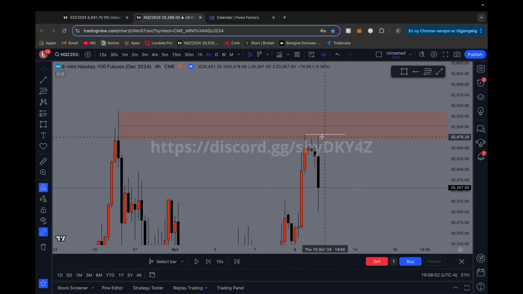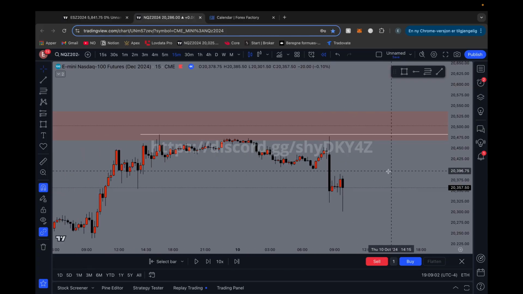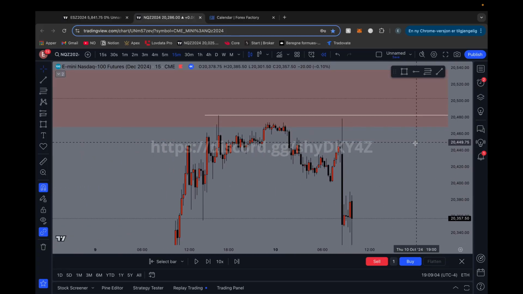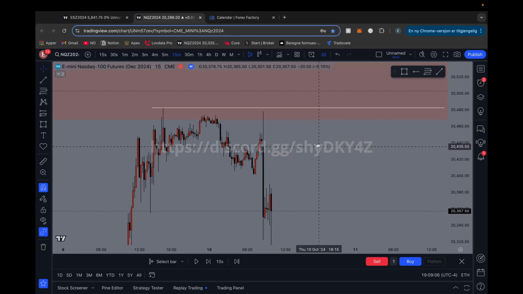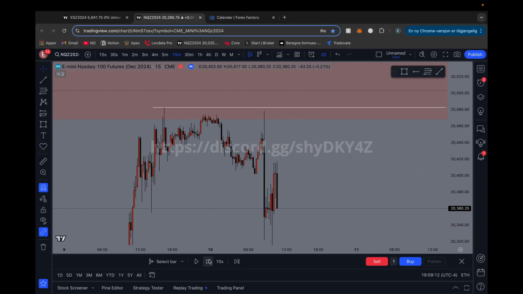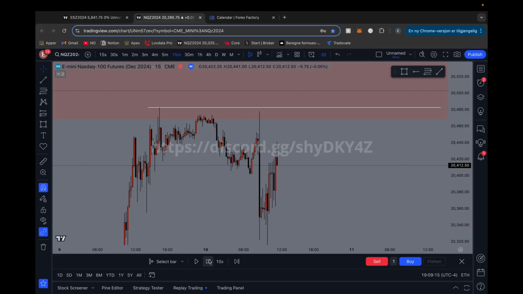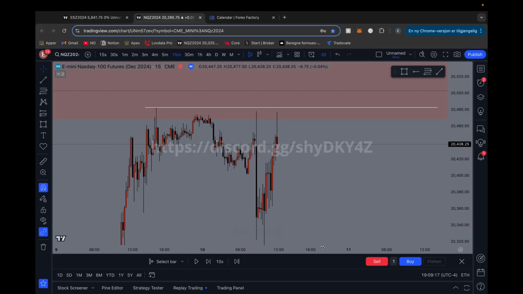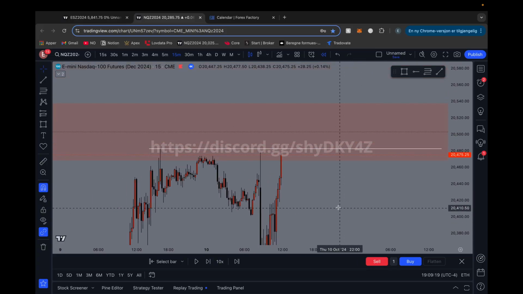So this is even better because we're getting equal highs, which I mentioned in the engineered liquidity video, that's some of the best liquidity you can get as engineered liquidity, is equal highs. Because there's going to be a bunch of stop orders above here. So let's just fast forward a bit. Right there, yeah.